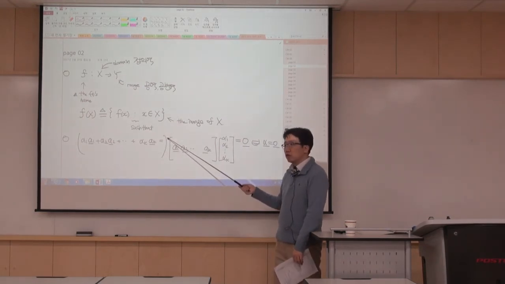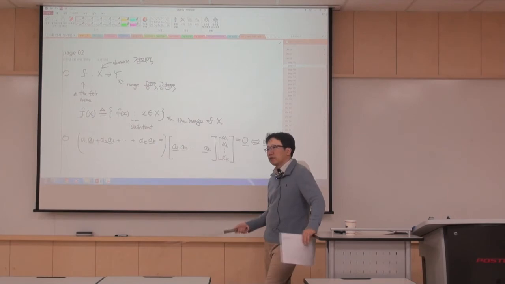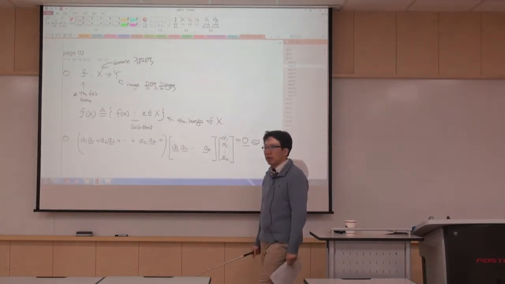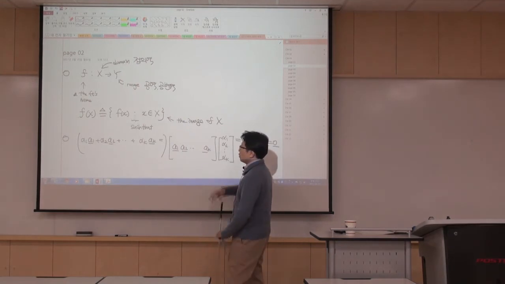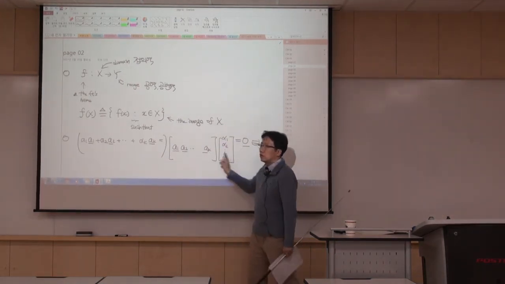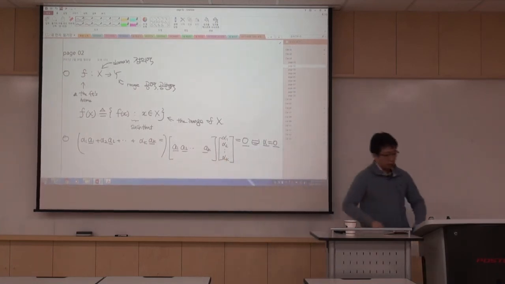Probably you want to use a for loop. It's a very bad idea. Okay? MATLAB is not good to have nested for loops. Okay? It becomes very, very slow. Okay? So whenever you see something like this, define a new matrix A and new vector alpha and just do the matrix vector multiplication. Okay.